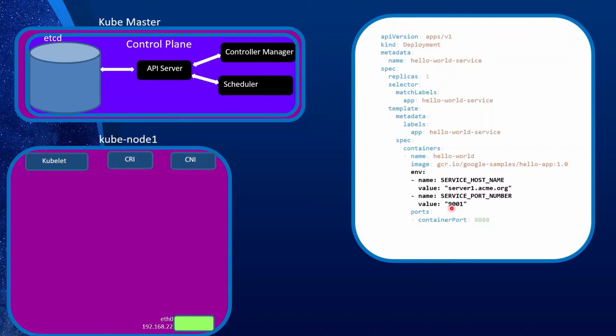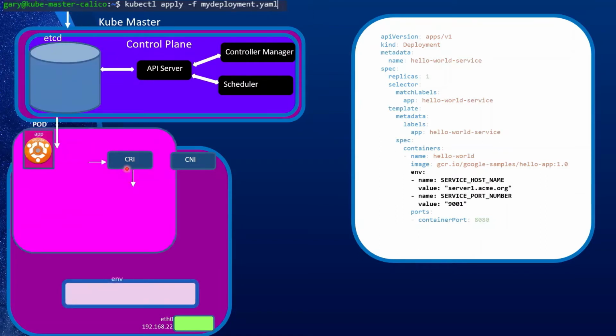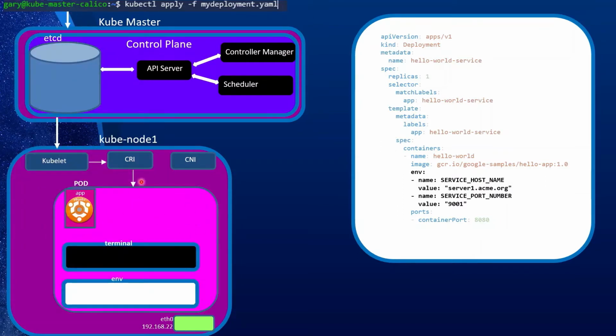So let's go through what happens if we apply this YAML: kubectl apply -f, and the name of this YAML file here. So it goes again through the API server, and goes to kubelet, which contacts CRI. CRI creates the pod.